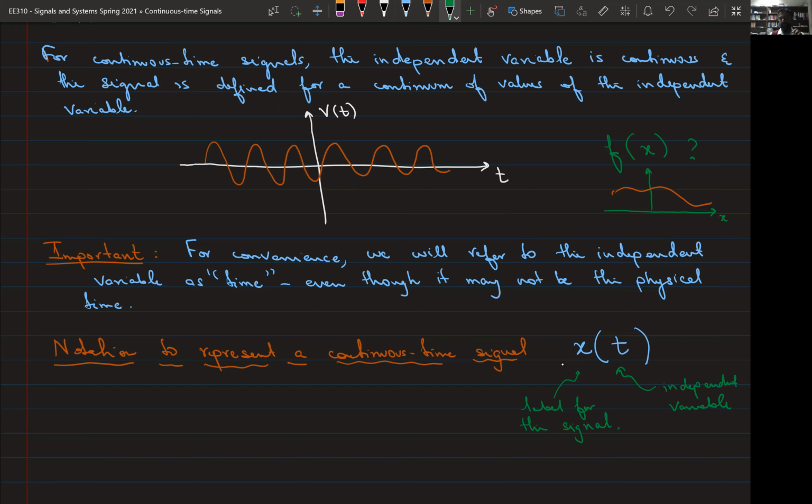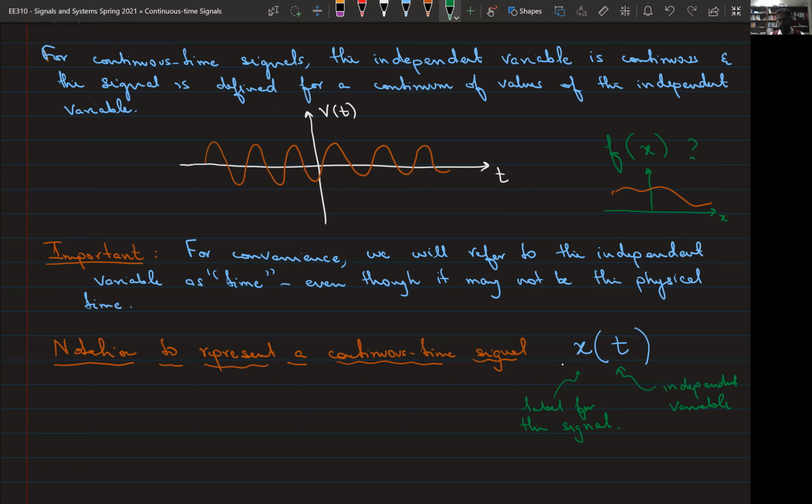As in the EE310 language, I'm just going to use signals instead of functions. Does that make sense? The functions that you're familiar with from your maths background, in our language, we're just using signals to replace that. That's just a fancy EE310 language that we're using.